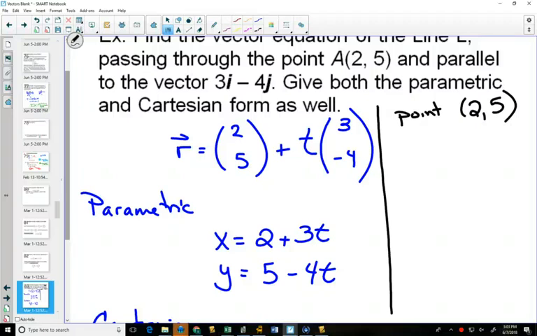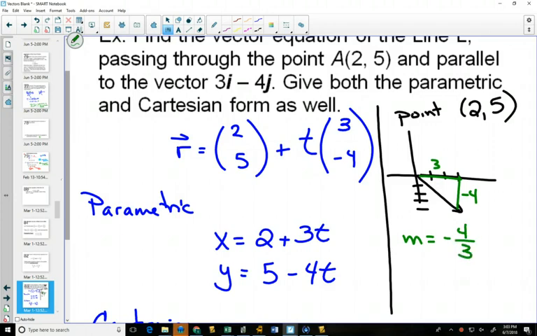We have the point 2, 5, and it's parallel to going 3, -4. That would tell me that the slope of my line is rise over run, -4 over 3.